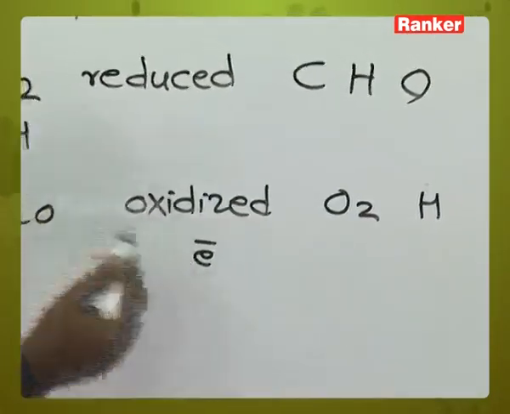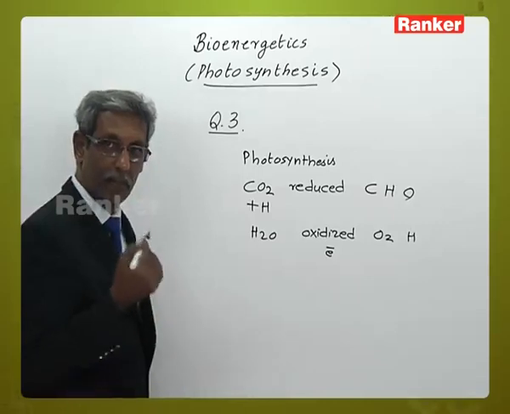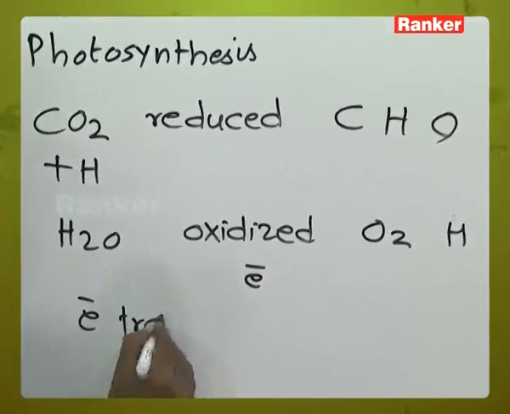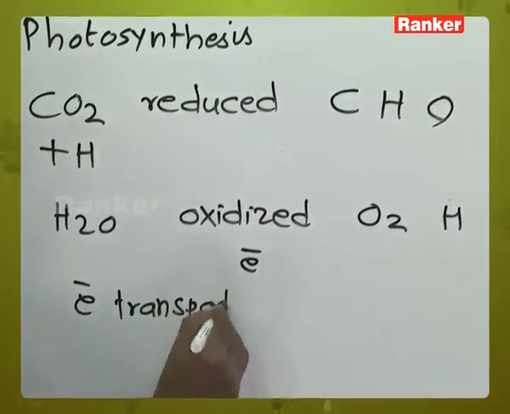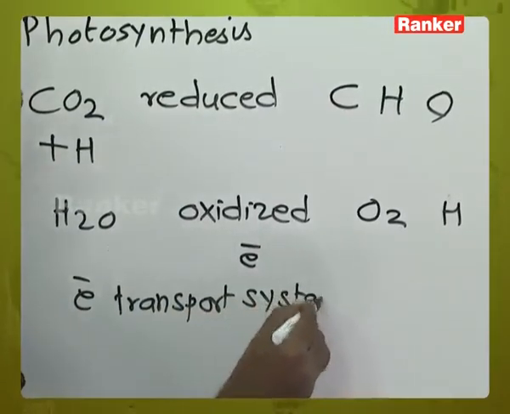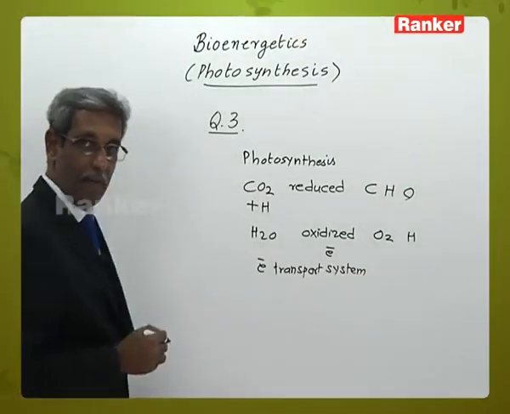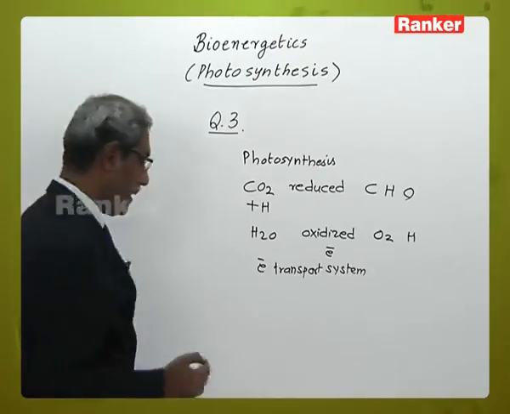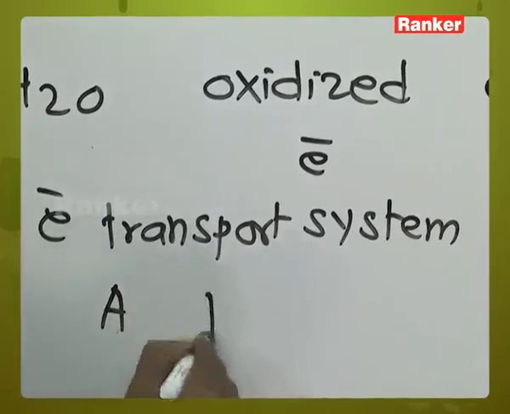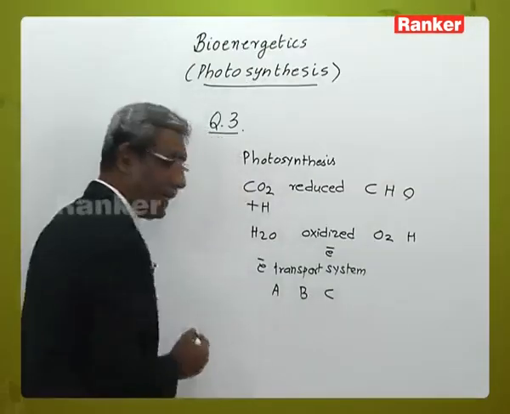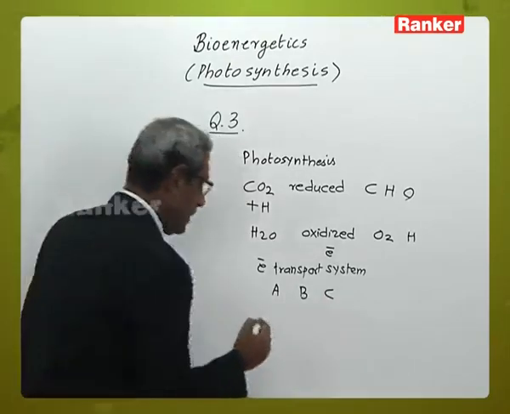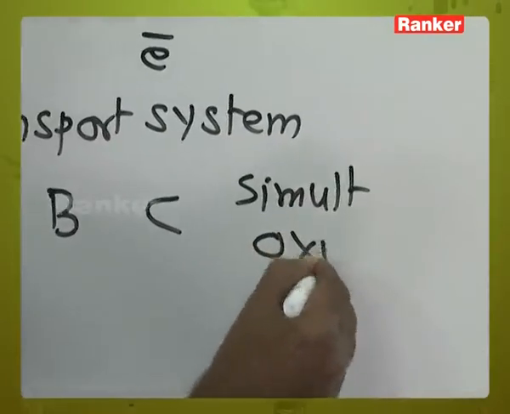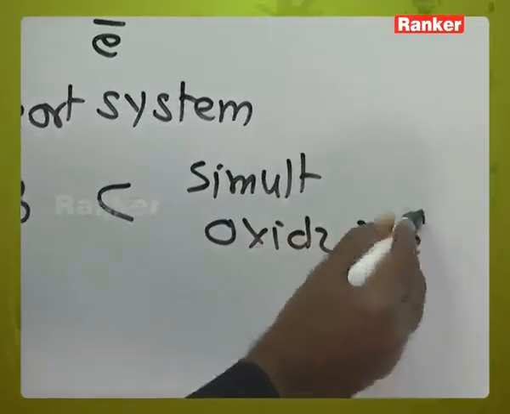Because of the flow of electrons, in the process of photosynthesis we have an electron transport system, and in the electron transport system we have several chemical compounds, like say A, B and C, which can get simultaneously oxidized and reduced.